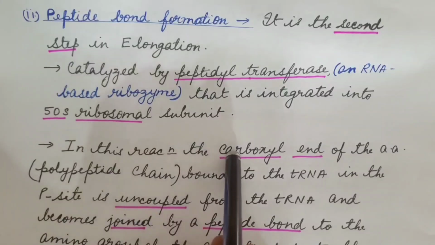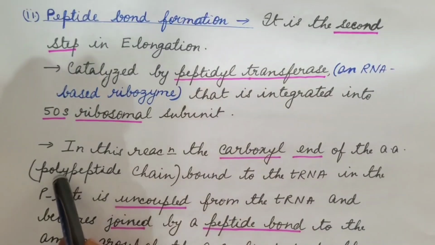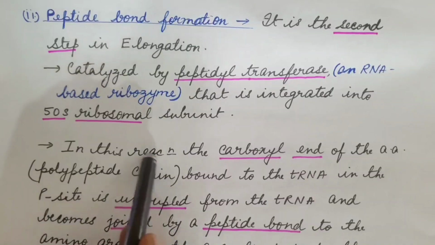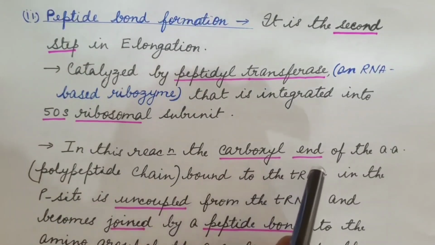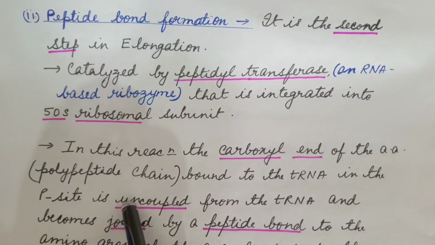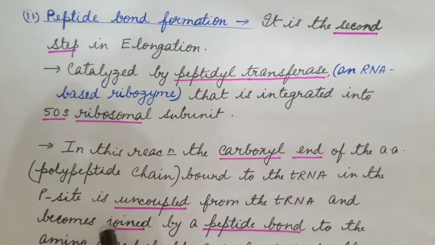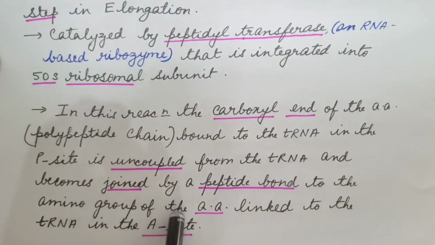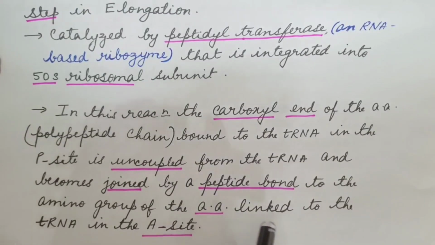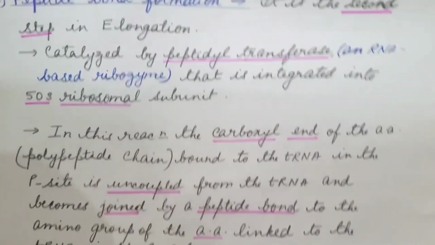In this reaction, the carboxyl end of the amino acid, or in further steps the polypeptide chain, bound to the transfer RNA in the P site is uncoupled from the transfer RNA and becomes joined by a peptide bond to the amino group of the amino acid linked to the transfer RNA in the A site.